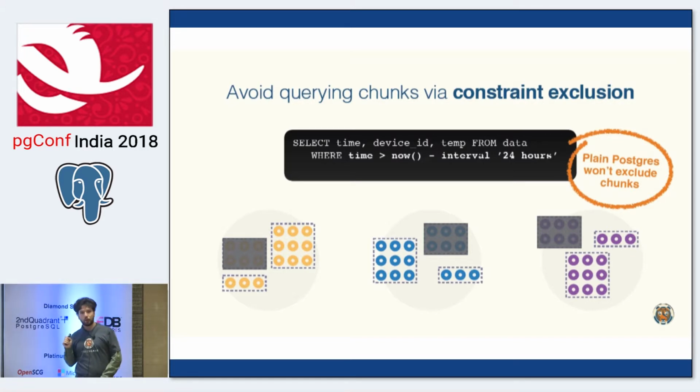Can anybody tell me why, I guess I gave the game away, this would not work under Postgres native constraint exclusion? Yeah, it won't exclude it, but why?